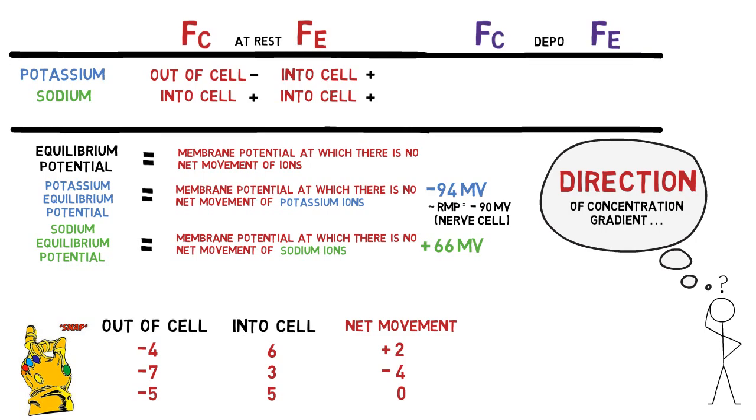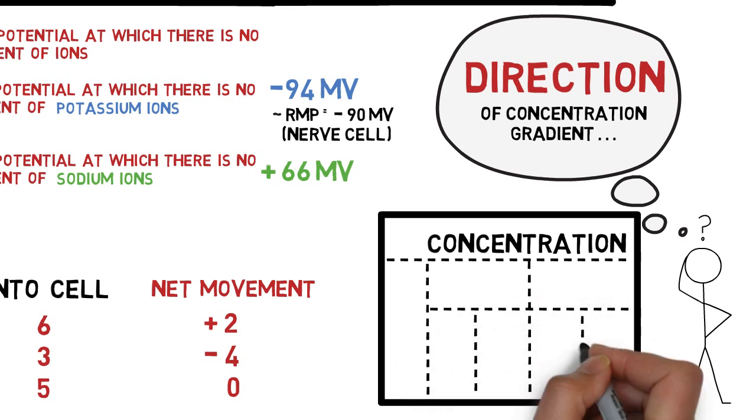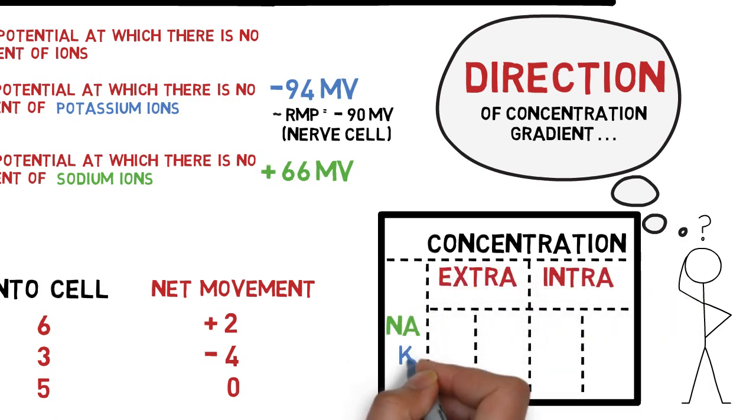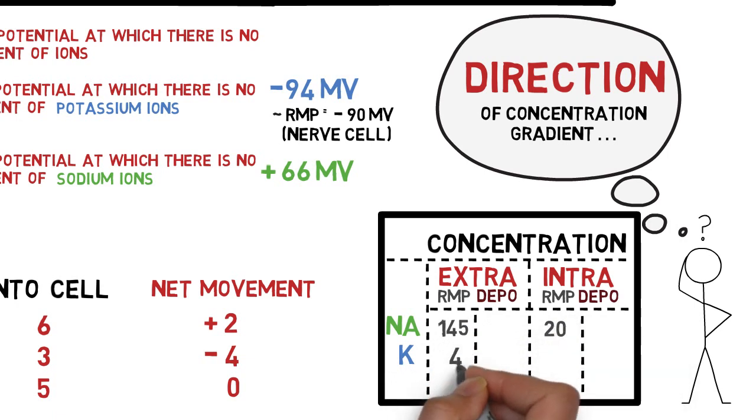But the more important question is, does this affect its direction? Actually, it will not. Let us see why. Say we put a hypothetical value for our sodium and potassium concentration, both intra and extracellular, during resting membrane potential. During depolarization, sodium rushes in, so some amount of extracellular sodium will enter into the cell, and vice versa for potassium.